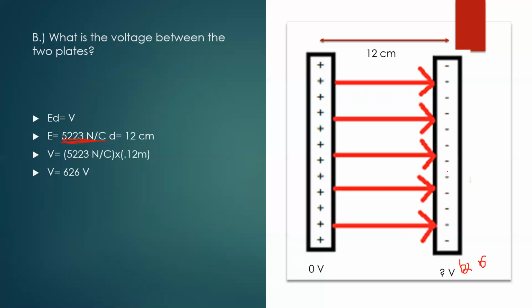Also, we know that within this electric field, this charge is moving from the positive to the negative plate, being caused by electric potential, and the potential difference is what causes the field strength.